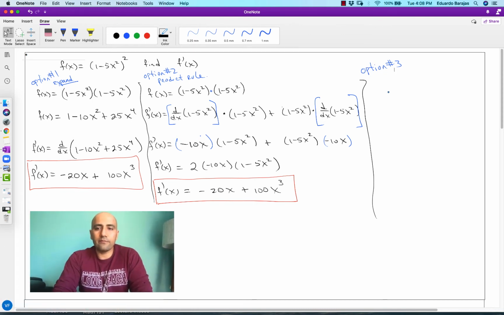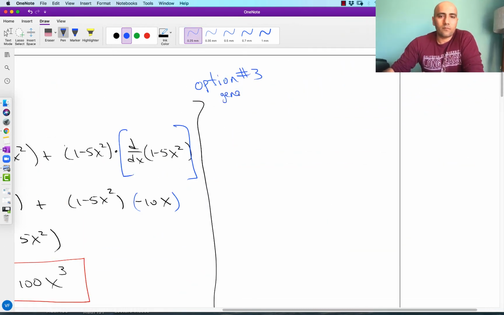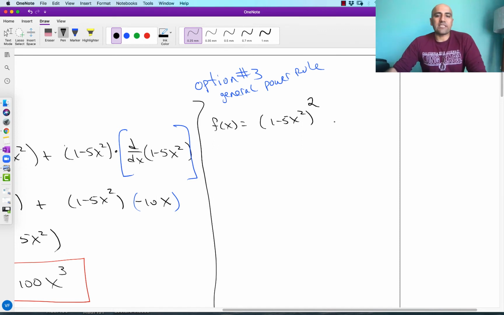I'm going to zoom into here. Okay, remember our f of x was equal to 1 minus 5x squared to the power of 2. So by the first option, we expanded the whole thing. By the second option, we thought of it as a product and used our product rule.